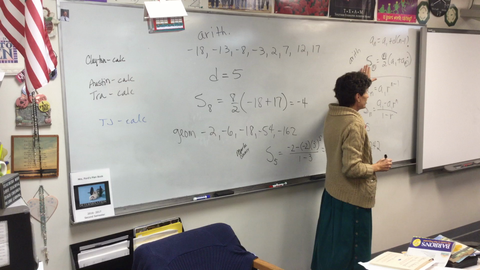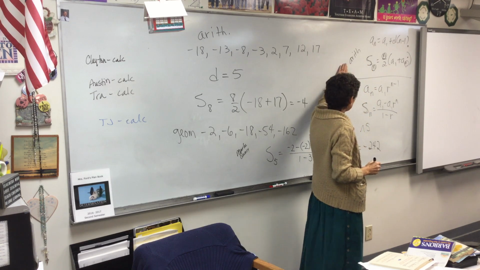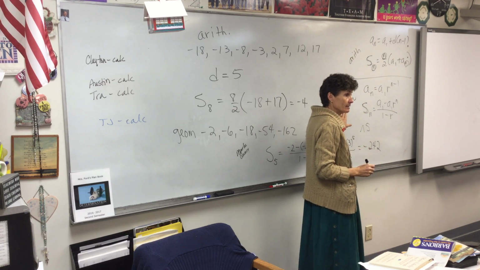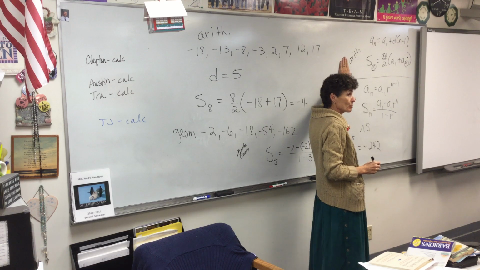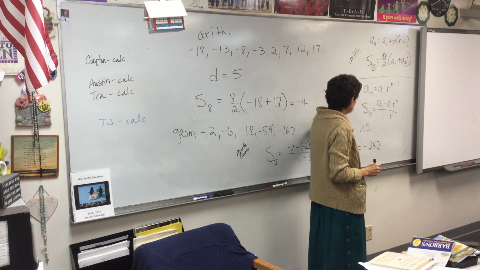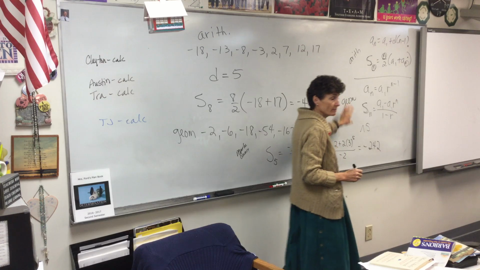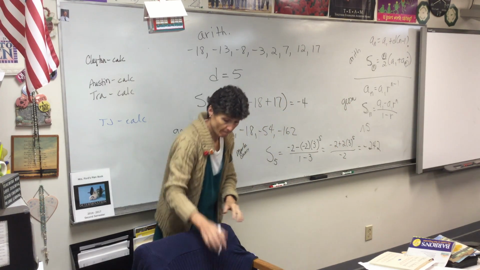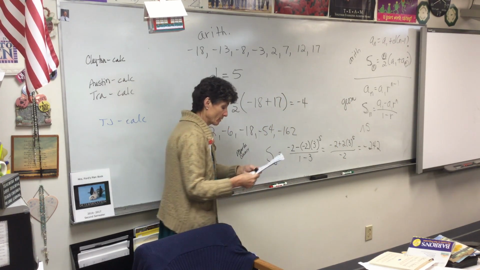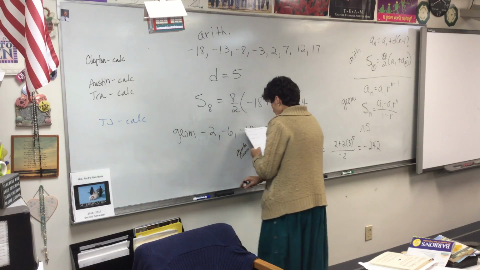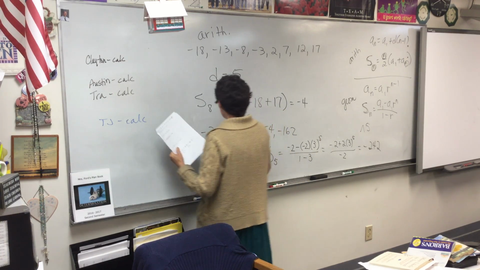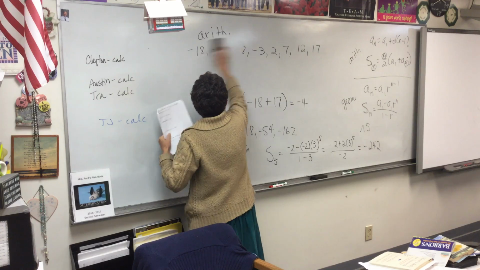How do you know which one to use? Well, you have to know what kind of sequence you have. If you're adding different term to term, you're going to use this one. If you're multiplying, you're going to use this one. All right, there's one more in this little section.